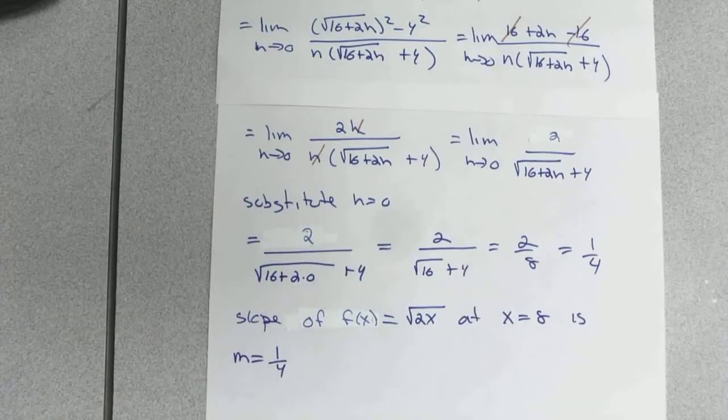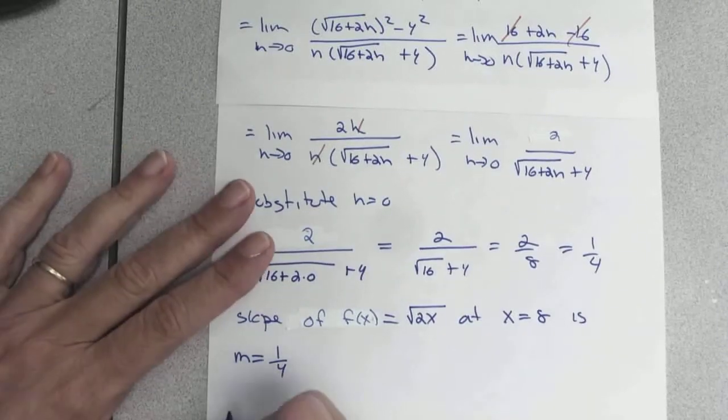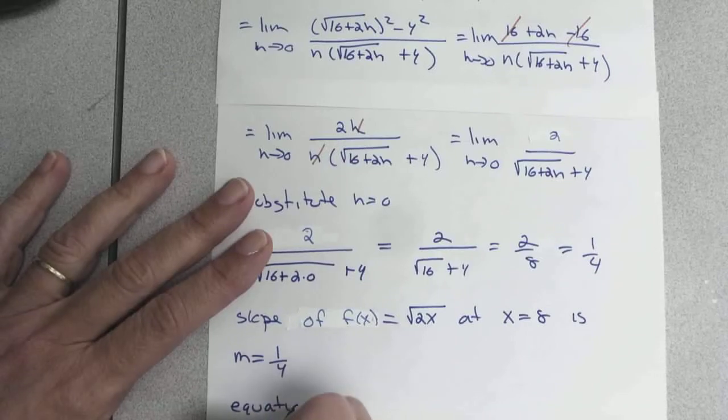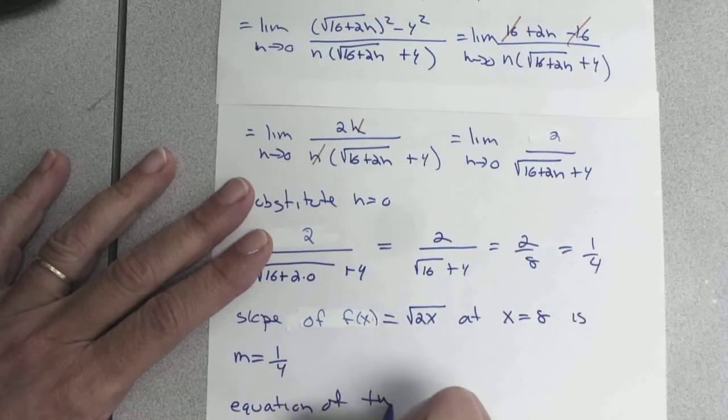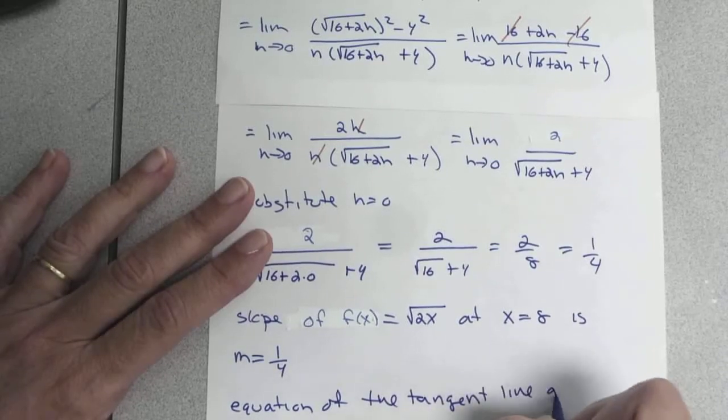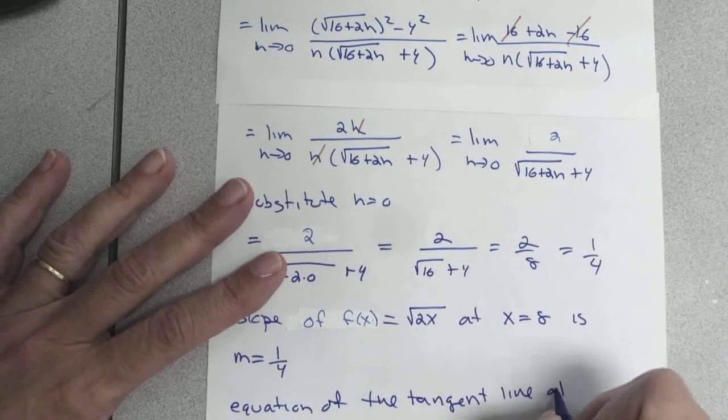So there's the first part that they asked for, the slope. The second thing that they've asked for, the equation of the tangent line at, and it was 8, 4.